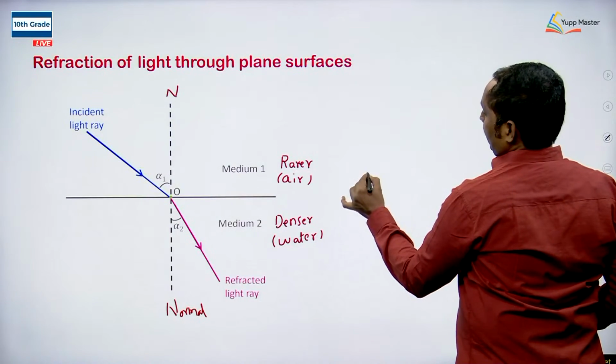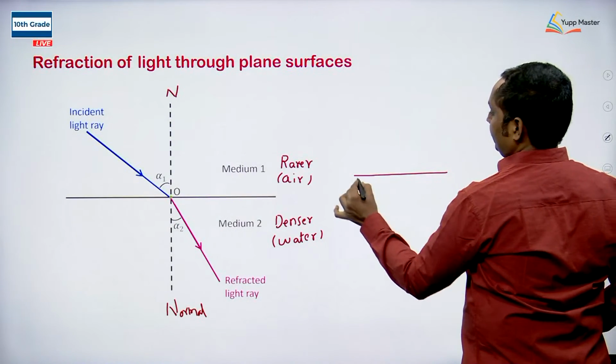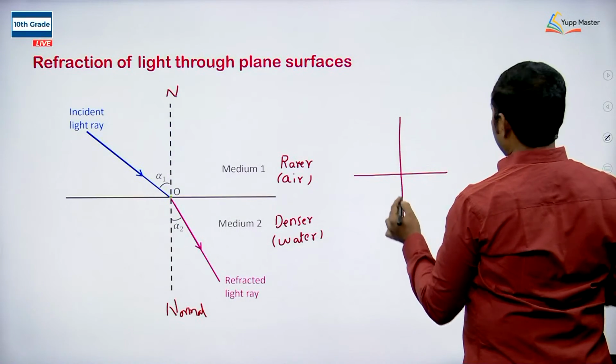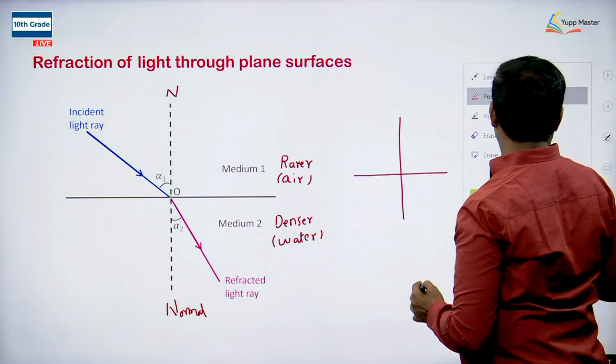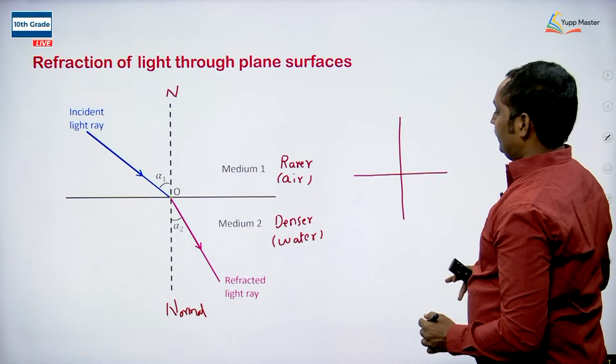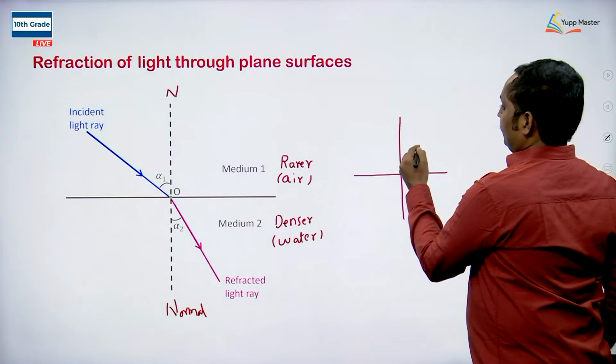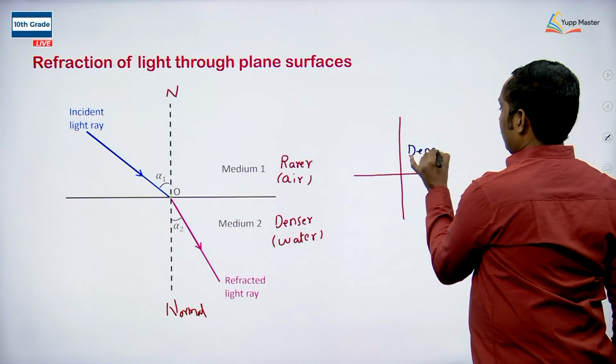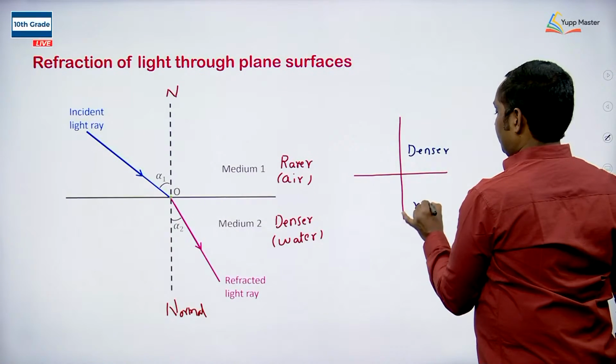Suppose you take this one surface. This is the denser medium and this is the rarer medium.